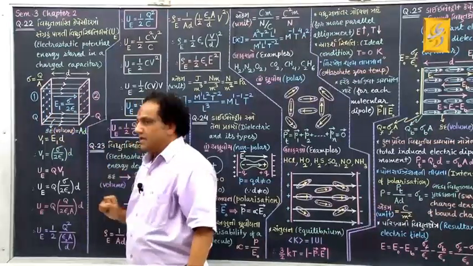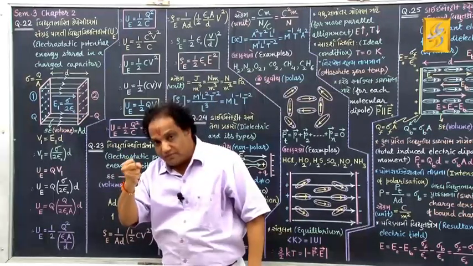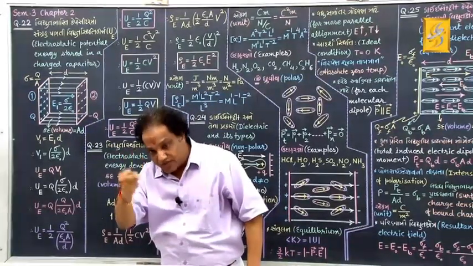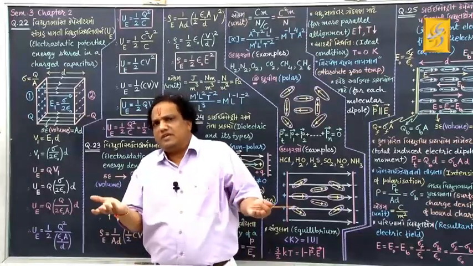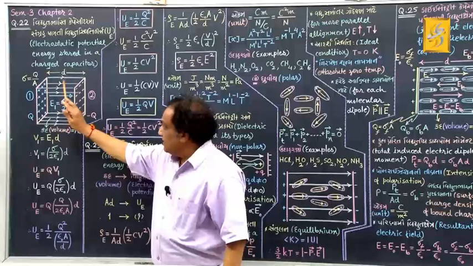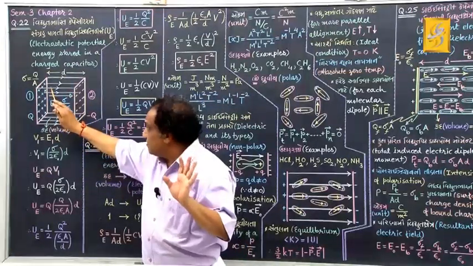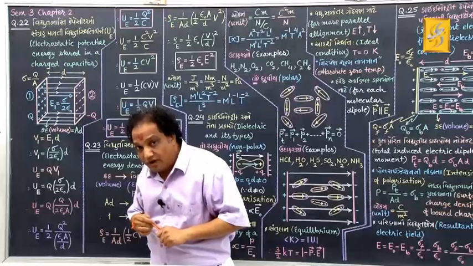Fine. Now I say this electric field has got some electrostatic potential energy. How can we say that? Look, just do one thing. In this electric field, put any charge. Suppose you are placing a positive charge here. Tell me what will happen?